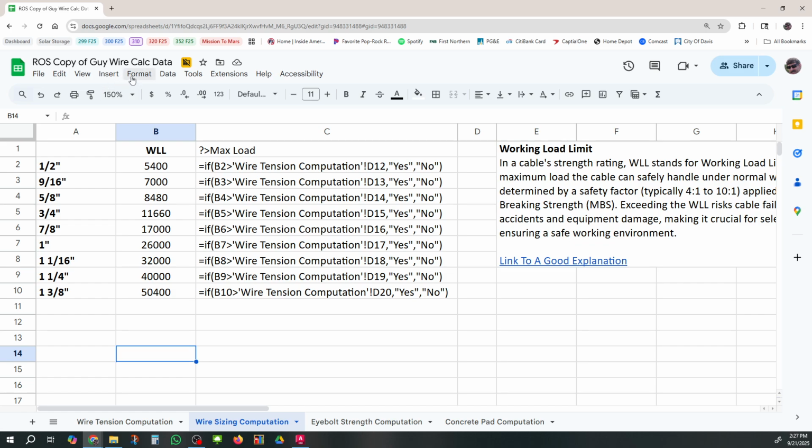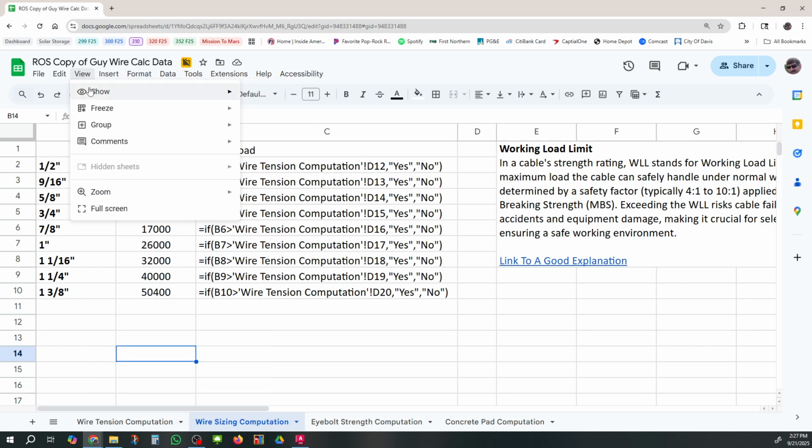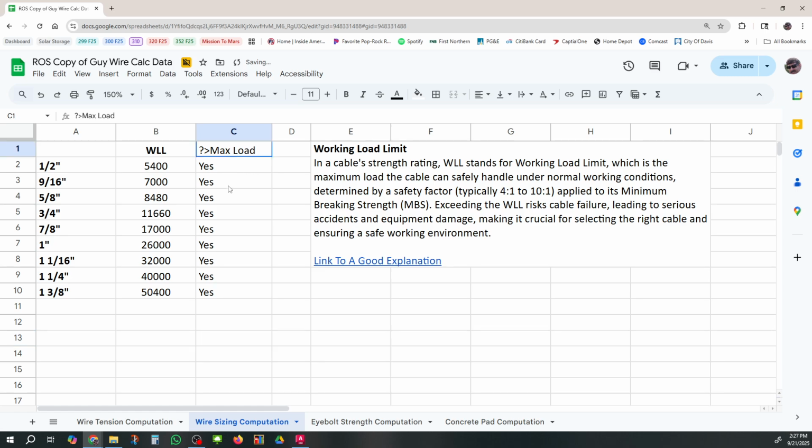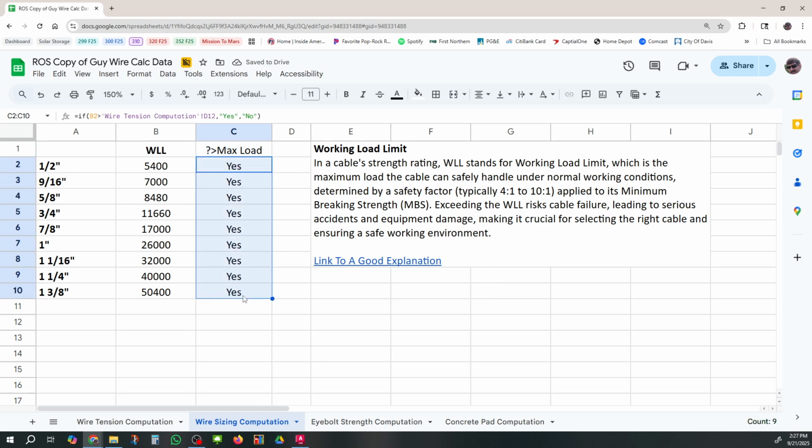So I'm going to turn my formulas back off, readjust the size, and I'm going to make these all nice and centered. And this is where I do my conditional, right?